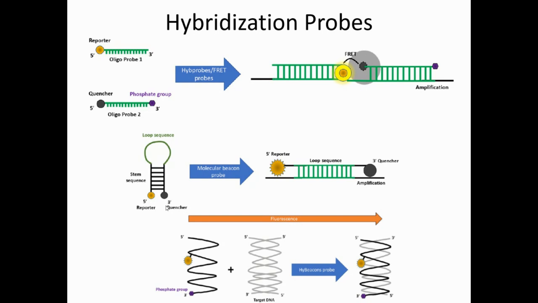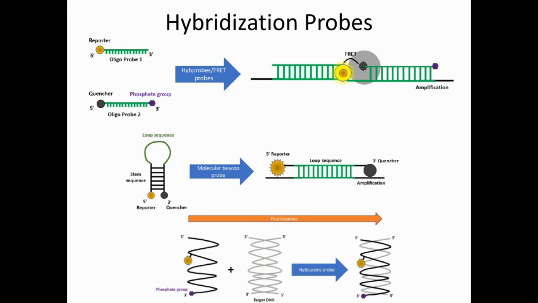During the annealing phase, the probe will be unfolded, and then it binds to the target. Fluorescence is emitted because the reporter is no longer quenched, so the fluorescence signal is proportional to the amount of amplified PCR product.